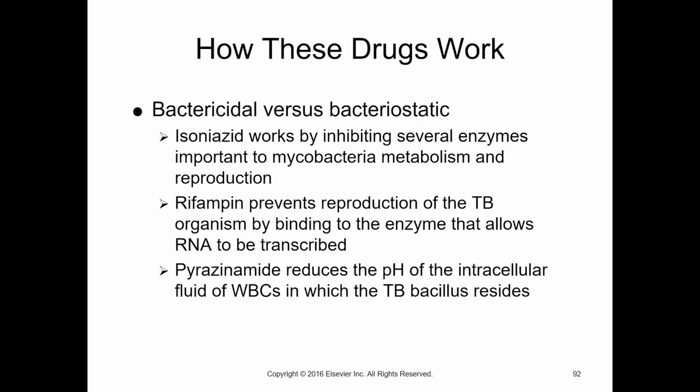You use rifampin to prevent reproduction of the organism itself. So again, you're looking at two bacteriostatic type drugs. And then pyrazinamide reduces the pH of the intracellular fluid, which actually then leads to more enzyme dysfunction and is essentially bactericidal.